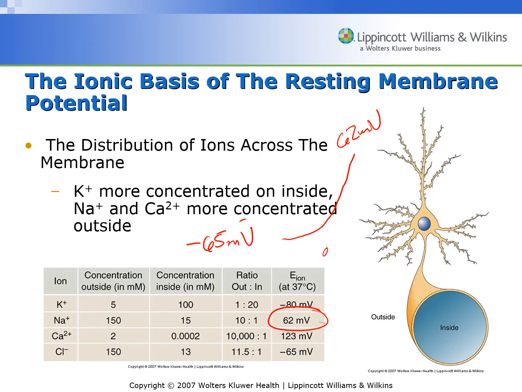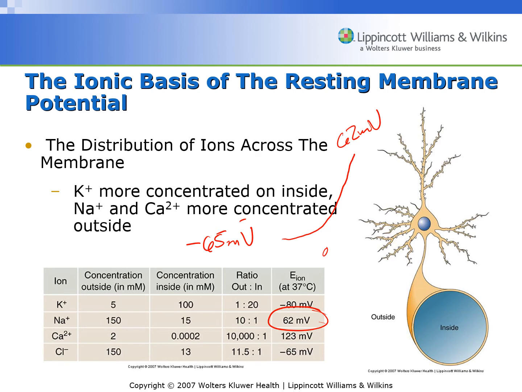For sodium, if you're below 62 millivolts in this case, everything's going to rush inside the cell. If you were above 62 millivolts, sodium would actually go outside the cell, even though there's that really high concentration outside. Above 62, the electrical force would actually push sodium outside the cell against that concentration gradient.